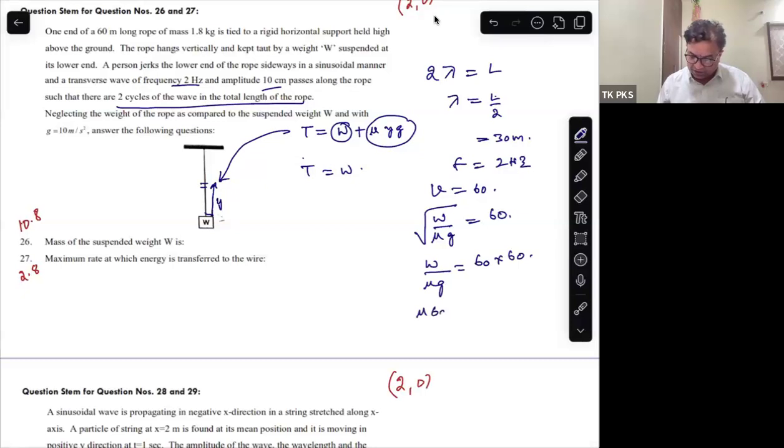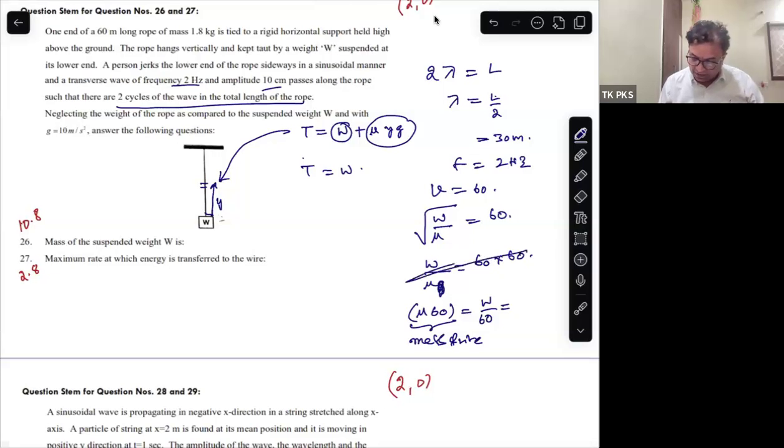Mu into 60 is W by mu g, mu only, please. So mu into 60 is W by 60. What is this? Mass per unit length, please see that. What I have written here: W by mu, almost we got W by 60.